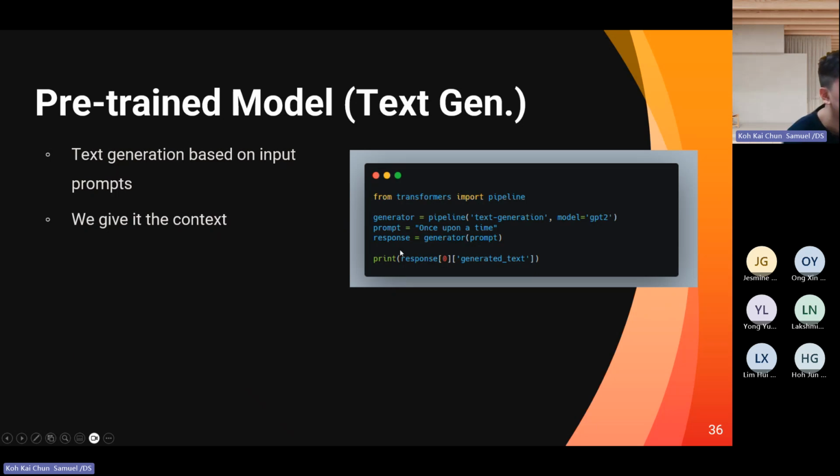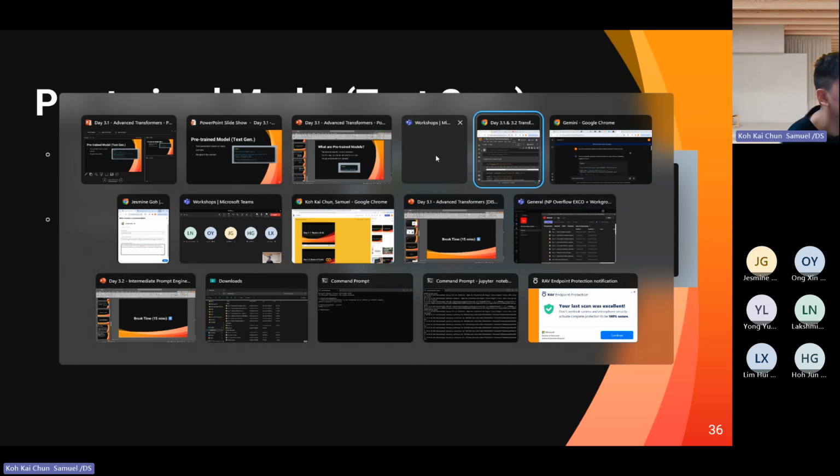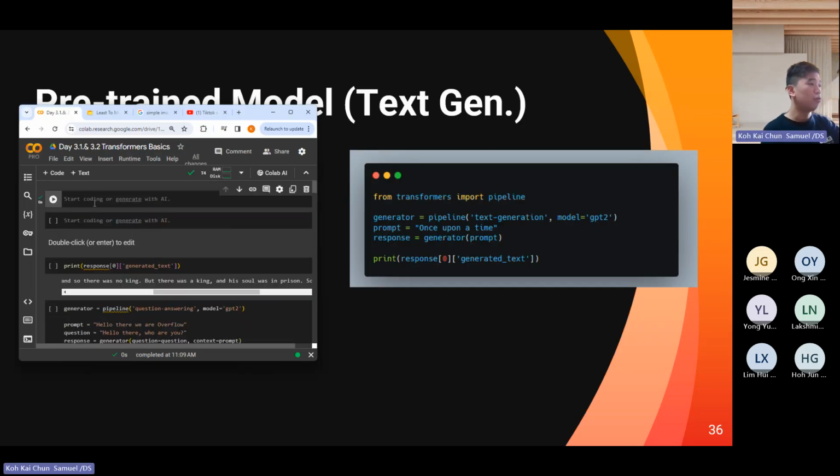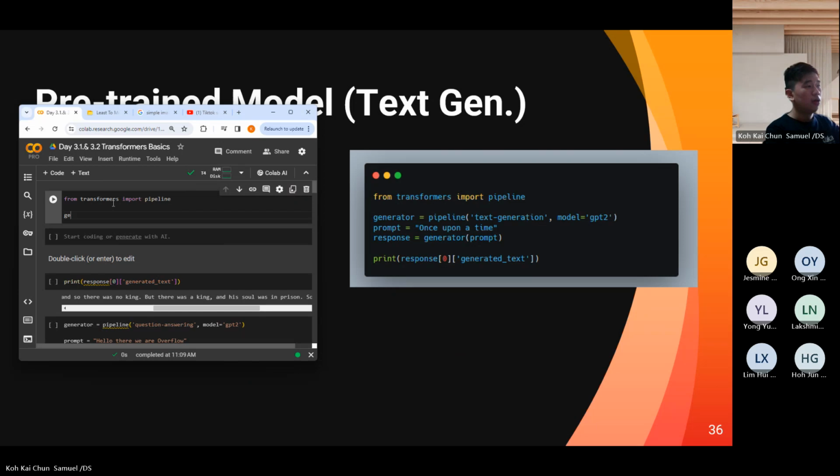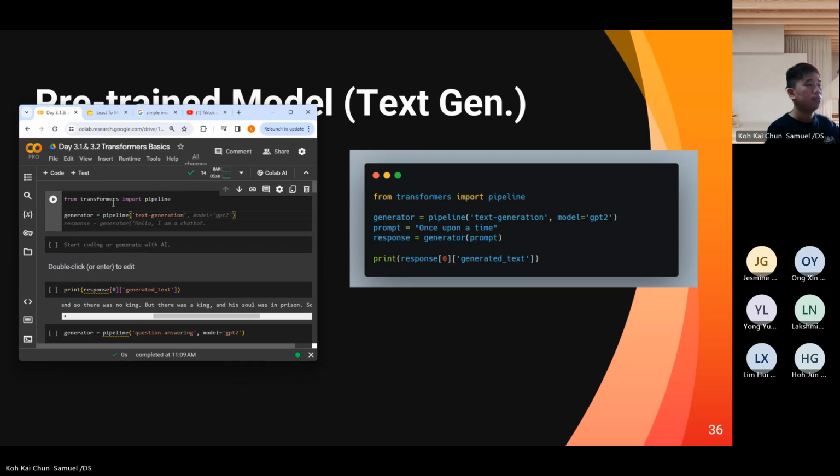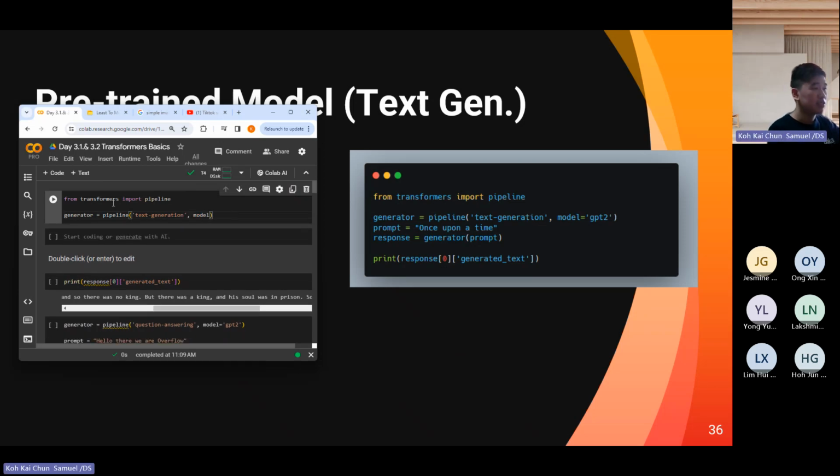So based on text generation, the first simple model we're going to look at is a pre-trained one. For now, we're going to code: from transformers import pipeline. The generator is actually the pipeline process of it. And then the model is another parameter to specify which model you want to use.